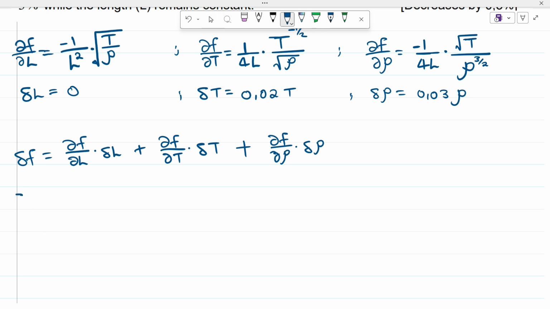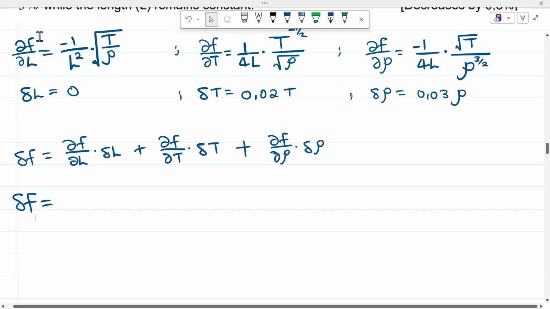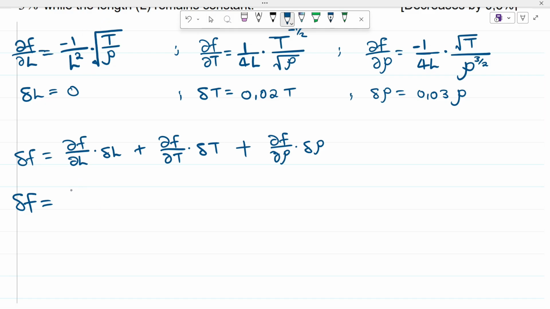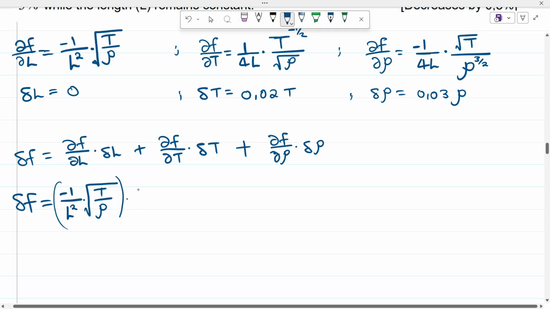From there we are just going to substitute, right? So the partial derivative of f with respect to L, we're just going to substitute this. So this is negative 1 over L squared multiplied by t over density, and then multiplied by our small change. So let's substitute.